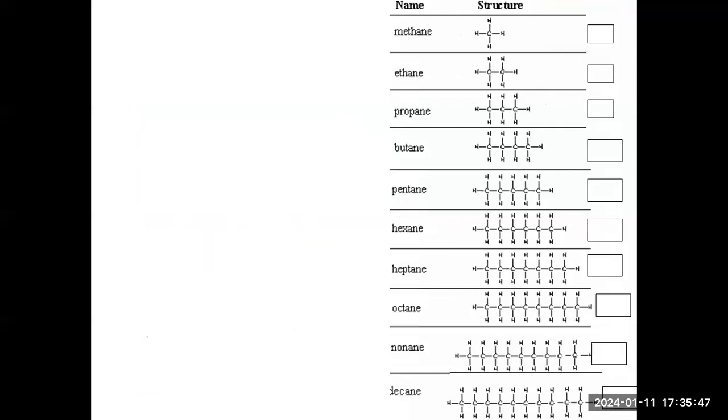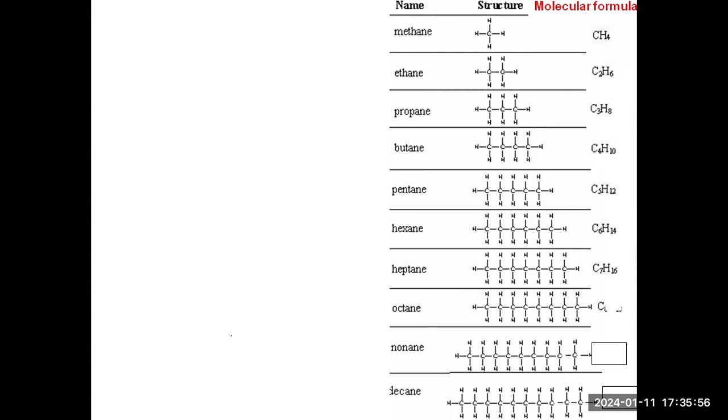Now we'll see the molecular formulas. The first one is CH4, then C2H6, C3H8, C4H10, C5H12, C6H14, C7H16, C8H18, C9H20, C10H22. You can see a pattern over here.